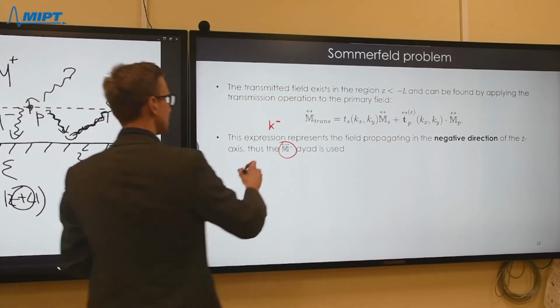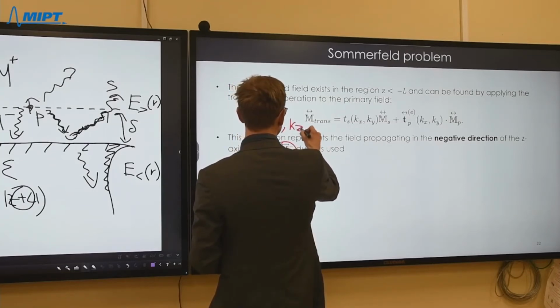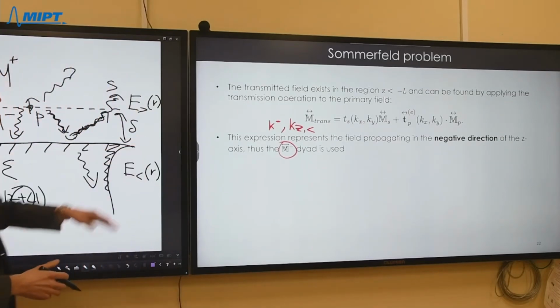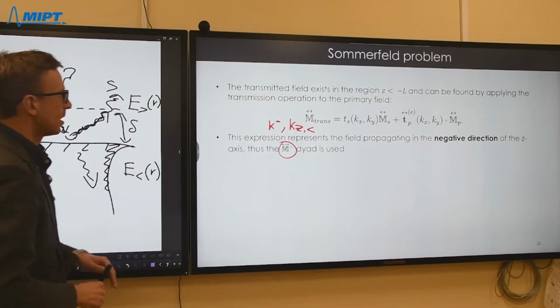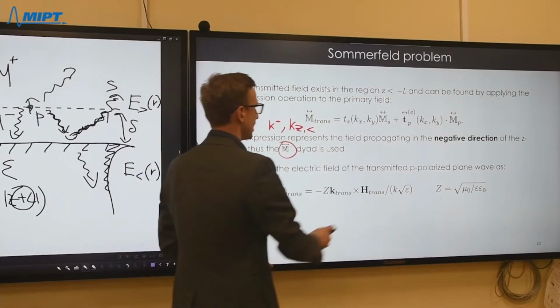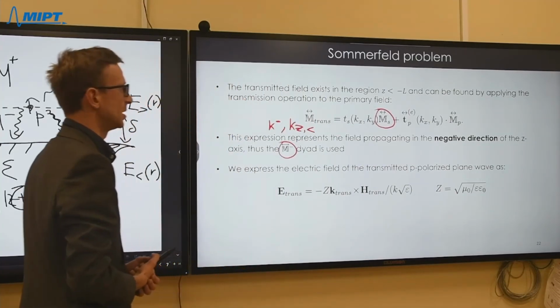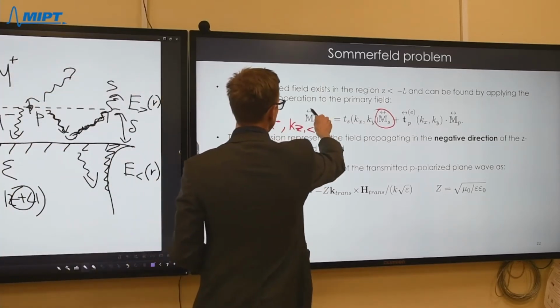But also remember that these dyads involve kz negative. These are the z components of the wave vectors that take into account the substrate permittivity. Then for S polarization, the situation is very simple. We simply multiply the Ms dyads by the Fresnel Ts for S polarization, which is very easy to calculate, and we obtain the S polarized part of the M dyad.